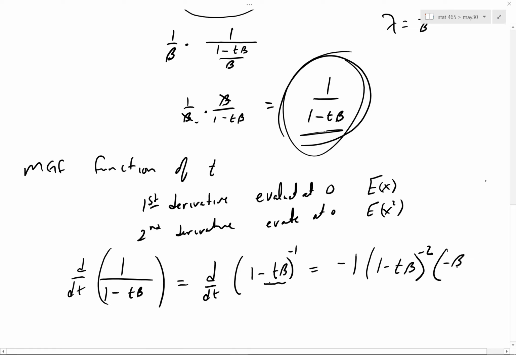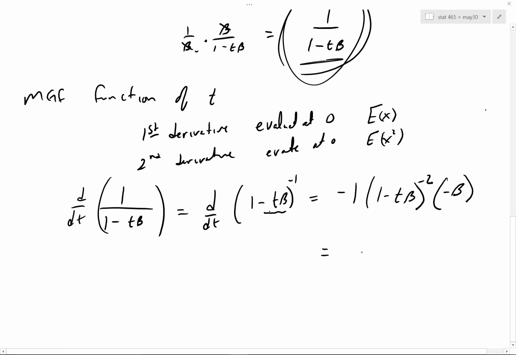Well, it's negative beta, correct? So you're going to get negative beta over 1 minus t beta squared.